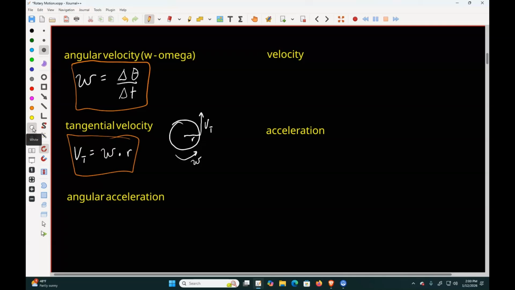Angular acceleration will be the change in angular velocity over the change in time. And we're going to use the alpha symbol. It's going to equal the change in angular velocity over the change in time.